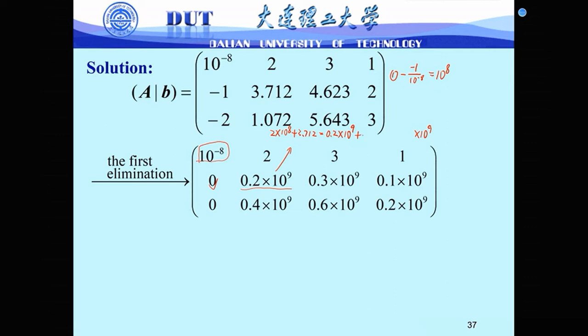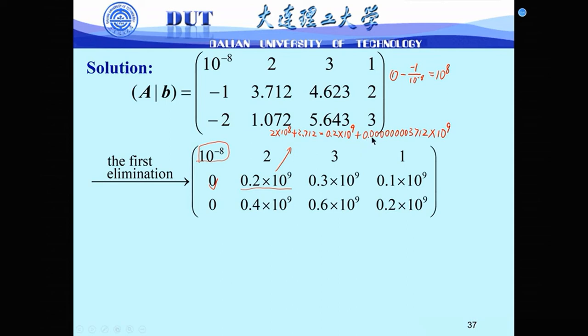Now you see, because here is just 3.712. So let's see. 1, 2, 3, 4, 5, 6, 7, 8. Here I need to move 3, 7, 1, 2 multiply 10 to 9.